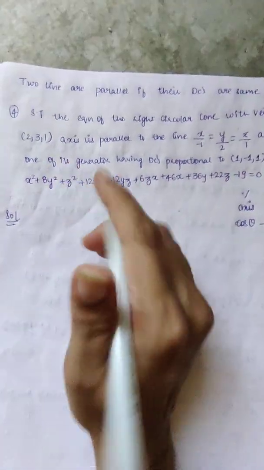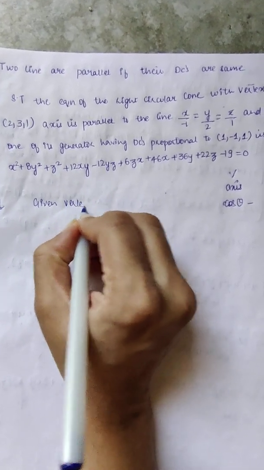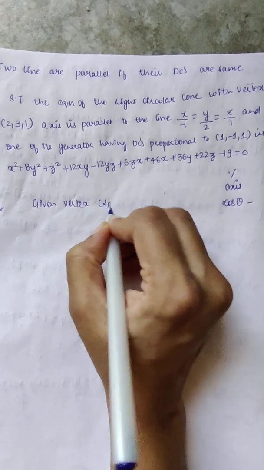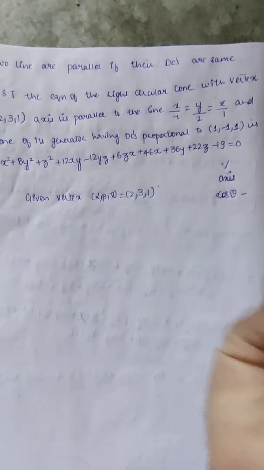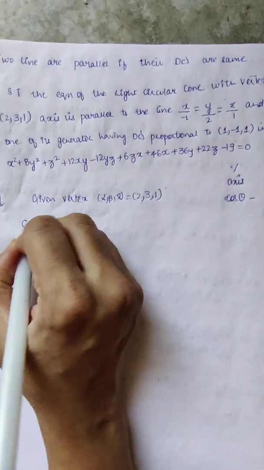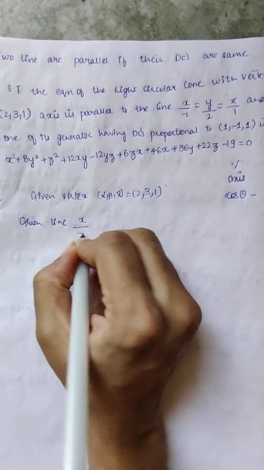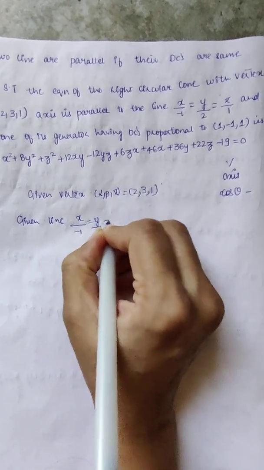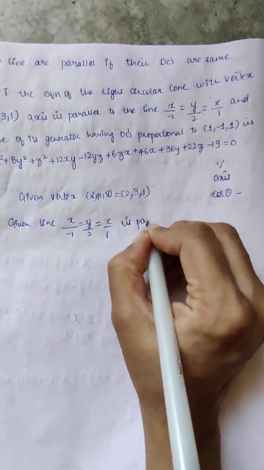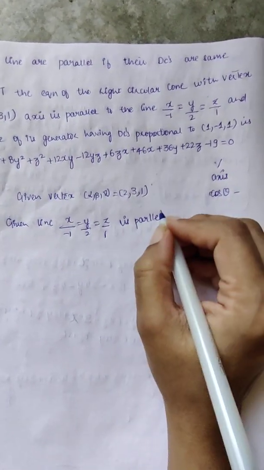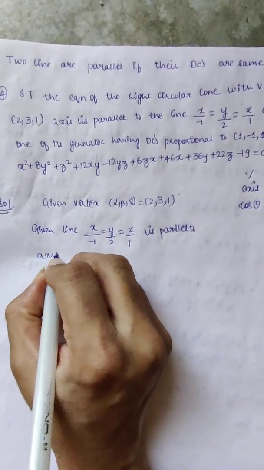In the solution, we'll first write down what is given to me. Given vertex, which I always denote by alpha, beta and gamma, is (2, 3, 1). And what else is given to me? Given line x by -1, y by 2 equals z by 1, and this given line is parallel to the axis.